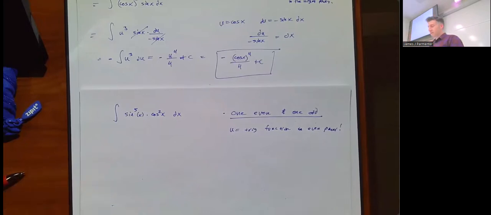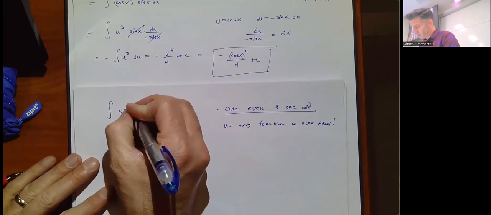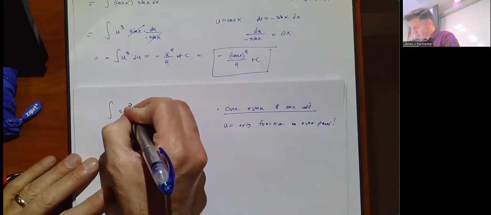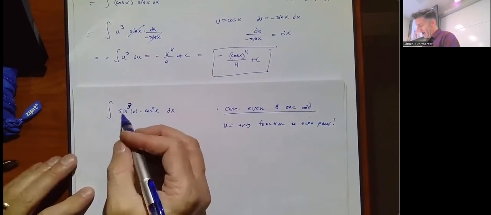Now, this is going to be terrible. James, you pick this problem. I'm going to change it just to make it slightly less terrible. Let's change that 5 into a 3. It already looks like a 3 almost anyways. Let's make that sine cubed of x times cosine squared of x. Sorry if you make your 5s very nice and they look not like 3s. Well, it's a good lesson to learn. Make them look like 3s.